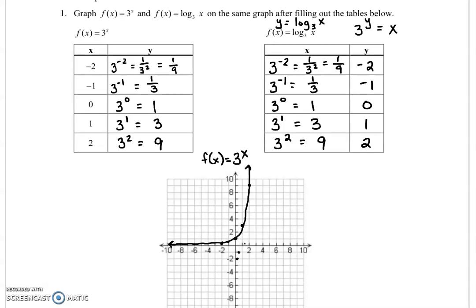When x is 1, y is 0. When x is 3, y is 1. And when x is 9, y is 2. So this one looks like that. And it keeps curving up this way.